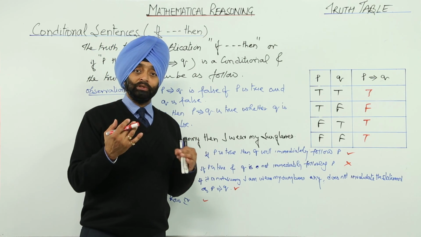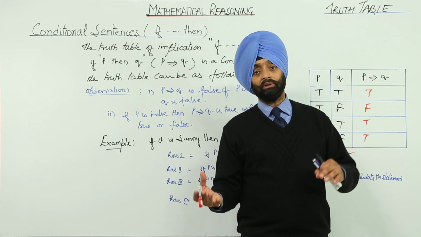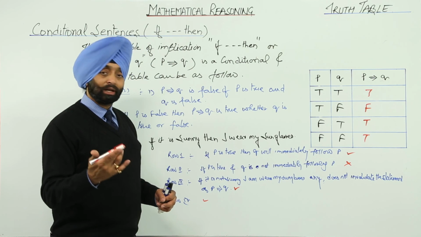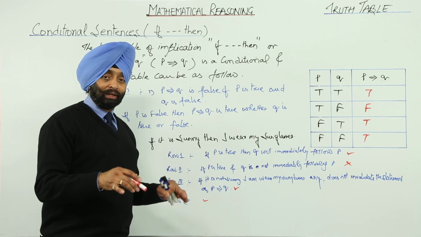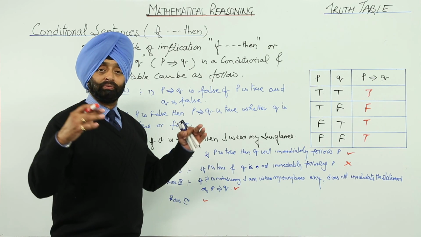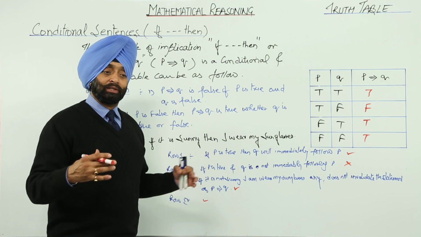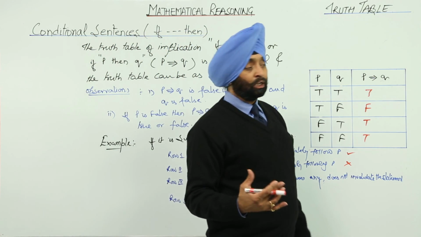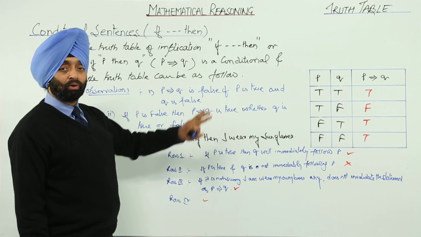The fourth row means that right from the beginning there was no sunny day, it was a cloudy day without sunlight. When it is sunny, he is wearing the sunglasses, and for a few seconds the sun disappears and clouds are there, so it depends on you whether you take off your sunglasses or not. So this is the conditional sentence, and this is the truth table for the conditional.